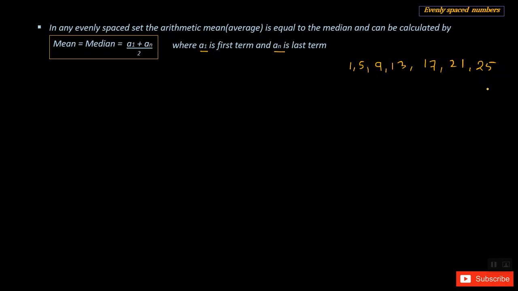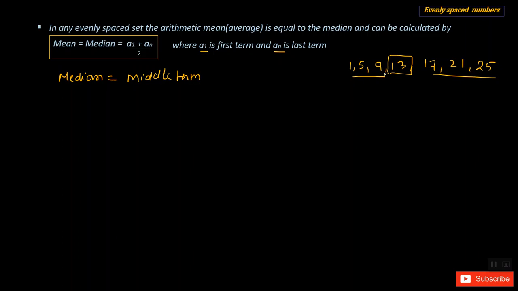If they are already in order, that's well and good. So the median is the middle term. What would be the middle term of this one? Look at 3 numbers this side, 3 numbers this side, right? So your middle term is going to be 13. So 13 is the median of this.